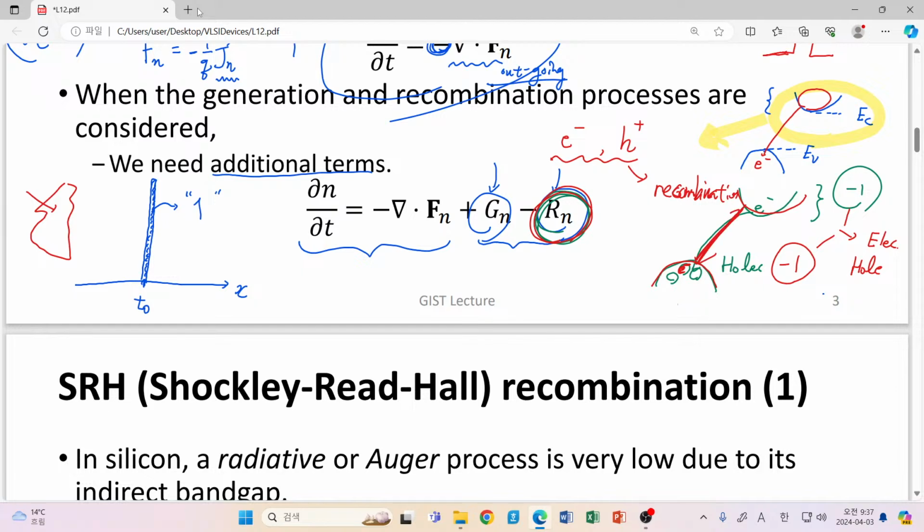To each of them, it is a huge event. However, from the viewpoint of the entire silicon system, it is just a movement of one electron from one position to another. The entire quantity is just kept. So are you with me?